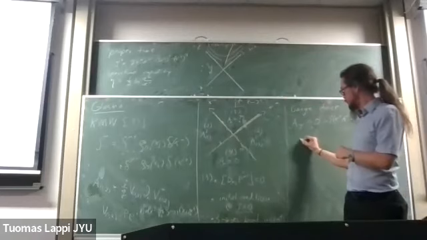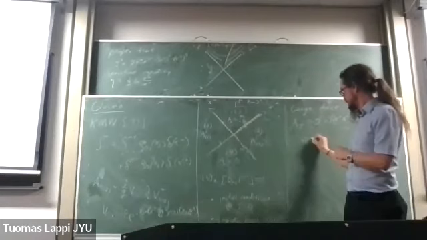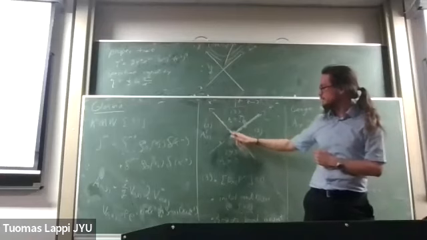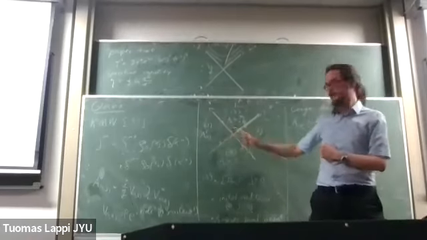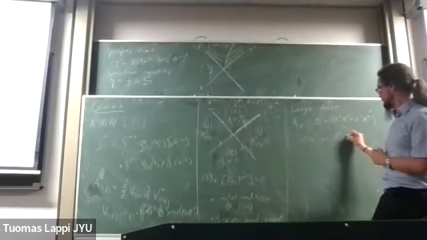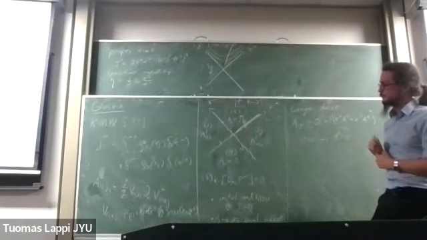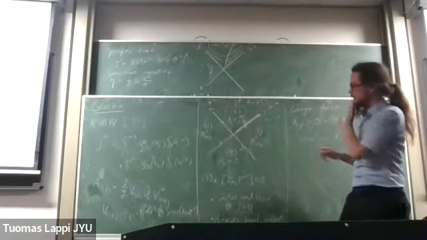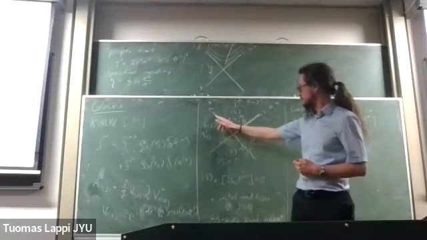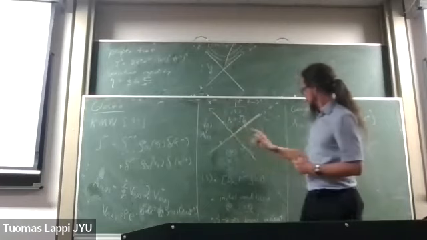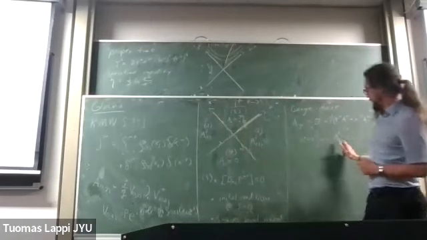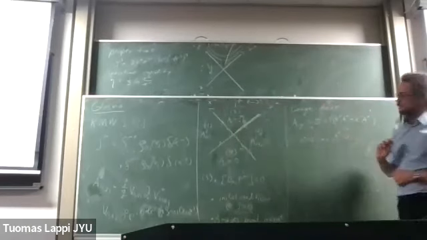So if we now go to x plus equals 0, I'm going to this surface here. My gauge choice means that A plus equals 0. So x plus equals 0 is the gauge choice that sets, on this surface, A plus equals 0.